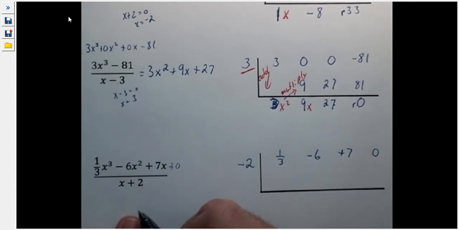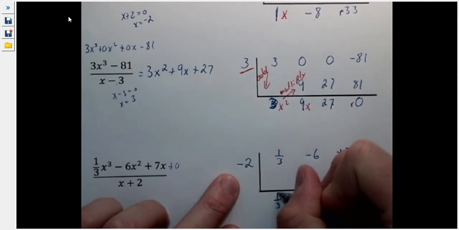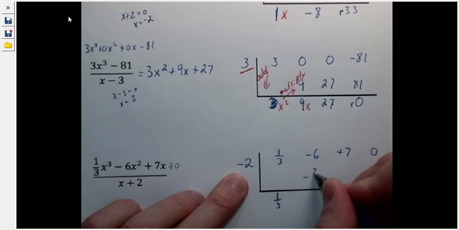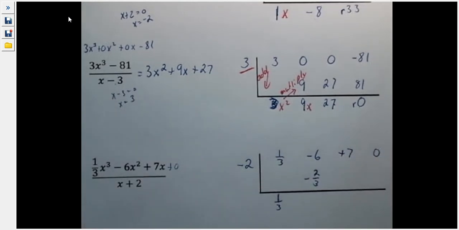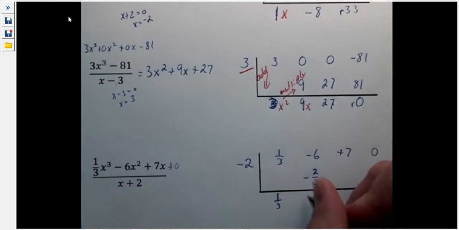So now we add down. So 1/3. 1/3 times -2 is -2/3. Then we add straight down. So when we add -6 and -2/3, that's -20/3.